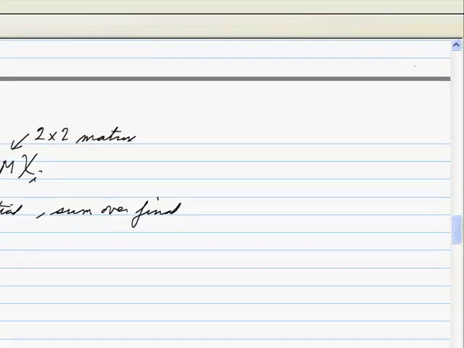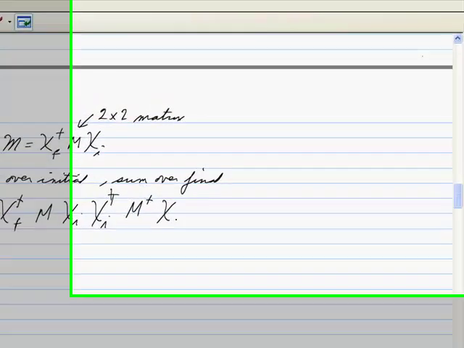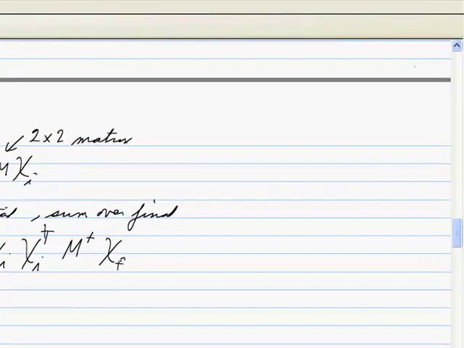So when we square, we take M squared, which is then chi dagger final M chi initial times chi initial dagger M dagger chi final. Okay.